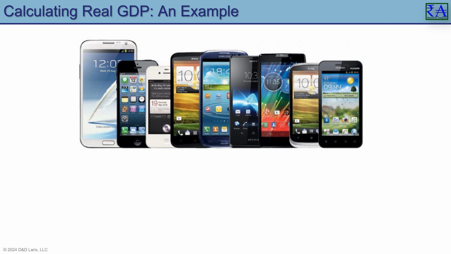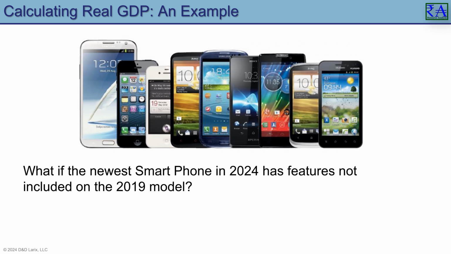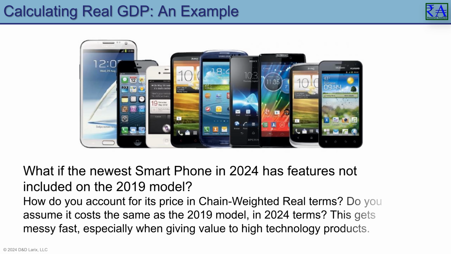When considering how to calculate real GDP, the introduction of new products poses a significant challenge. For instance, the latest smartphone in 2024 may have features and capabilities that were unimaginable in 2019. This raises the question of how to account for these new features when converting prices to chain-weighted real terms. One approach could be to assume that the price of the new model is the same as the 2019 model, adjusted for inflation.